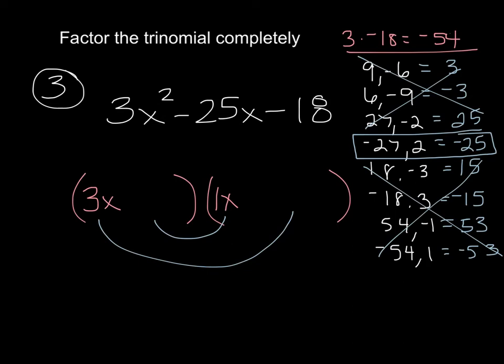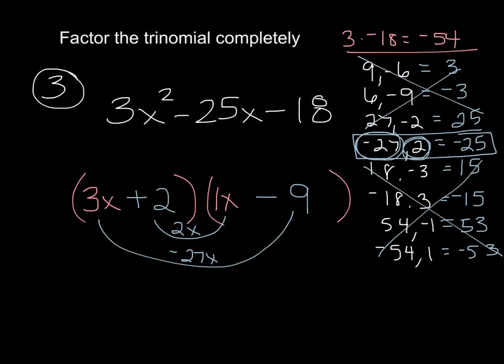So that means that the positive 2 needs to go right here. So that gives me 2x. So that got rid of this one right here. So now my other line needs to be a negative 27. So I need to get 27x down here somehow, negative 27x. Well, that means it needs to be negative something. Okay, well, what times 3 gives you negative 27? That would be negative 9.